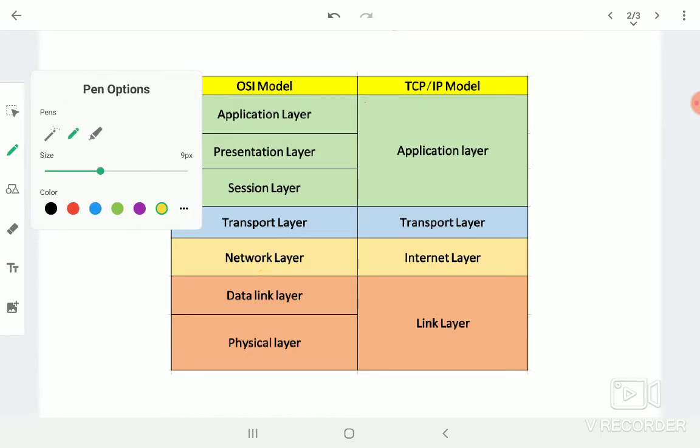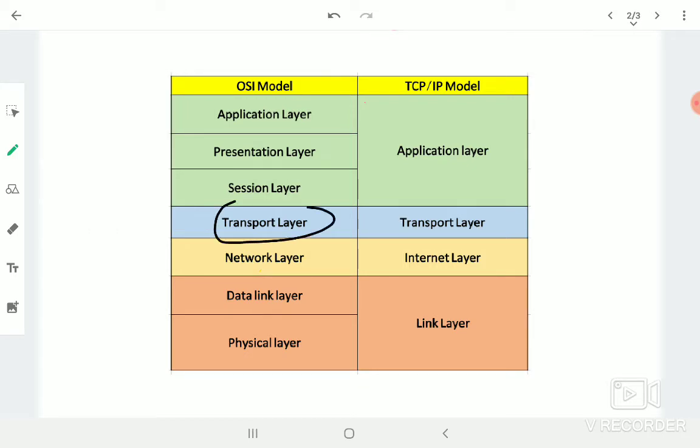As I was saying, it is one of the few layers which are kind of the same. Sorry, I selected the network layer earlier, but really the layer I'm talking about is the transport layer, which is the same or similar across both the models.